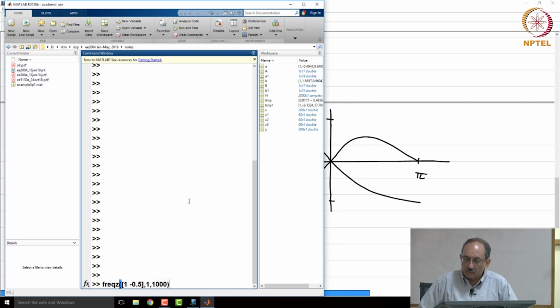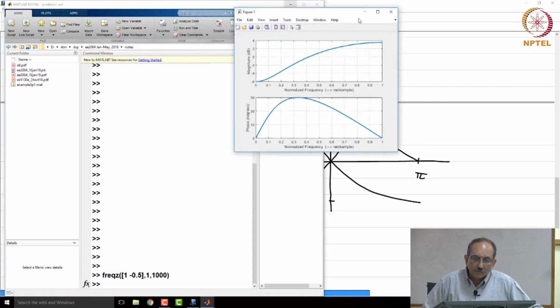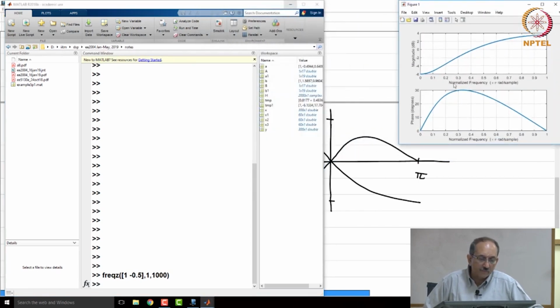I am going to evaluate this at 1000 points. Freq z by itself will plot both magnitude and phase. So, this is what the plot is. So, this is the phase response, and clearly you see the rough sketch I had drawn here.